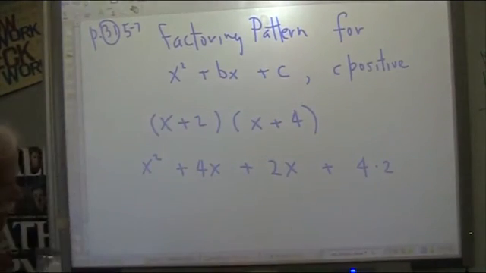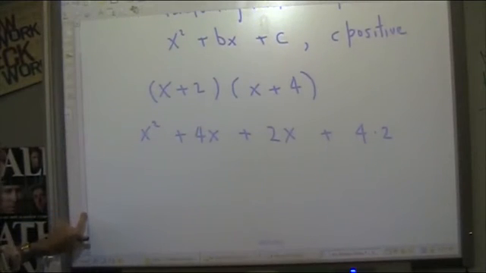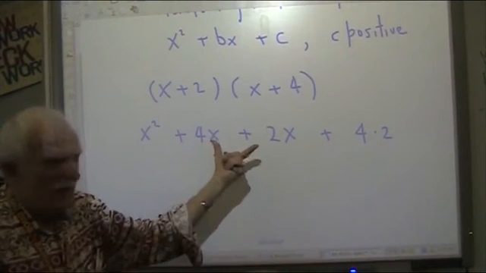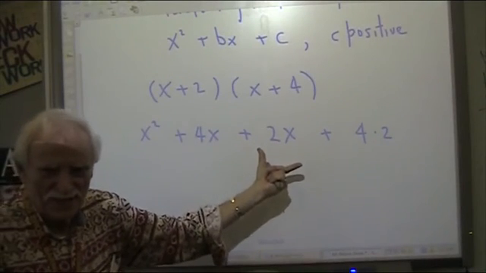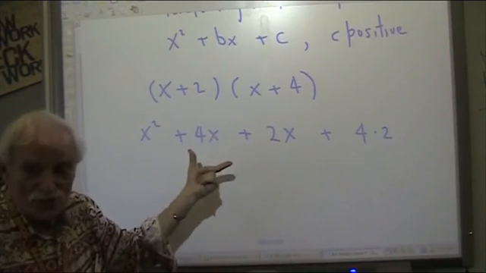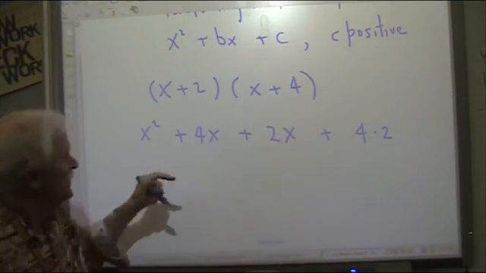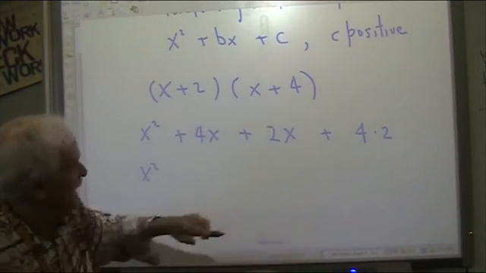So now, ladies, we're going to realize here that we have like terms. So we're going to factor that because we have a common factor in them. So I'm going to write this x squared, and I'm going to put the common factor at the end.